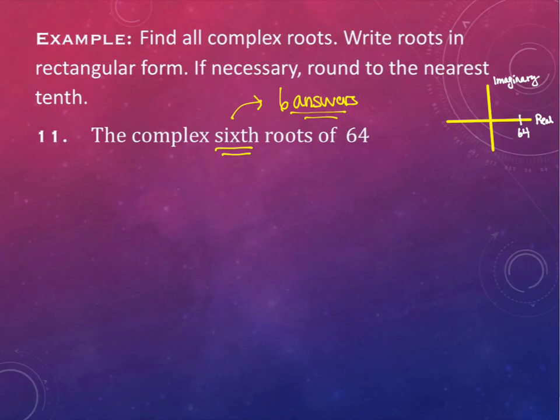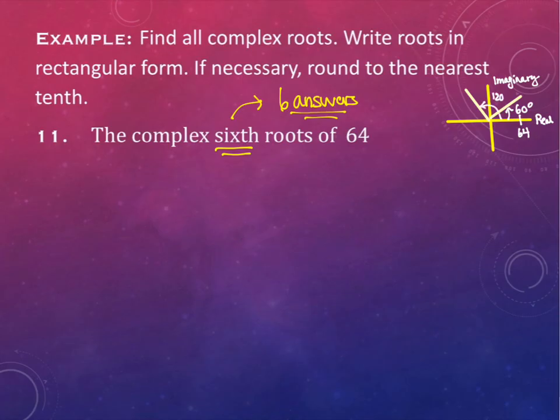So visually, here's what we're going to do. We're taking the entire unit circle, which is 360 degrees, and we're going to divide it into sixths. What happens when you divide 360 by 6? You get 60. This is a visual to motivate what we're doing. We're going to have an answer over here at 60 degrees. We're going to have an answer over here at 120 degrees, because that's adding another 60.